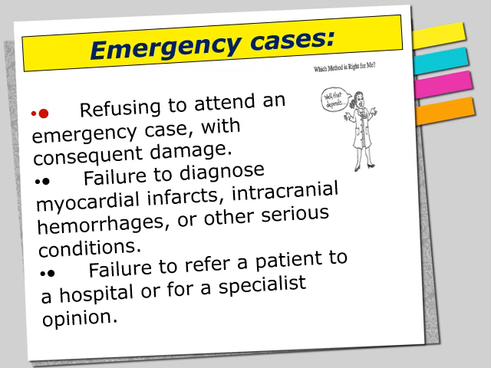In some situations, like emergency cases, you may refuse to attend a critically ill patient, fail to diagnose something critical like myocardial infarction or intracranial hemorrhage or some serious condition, or fail to refer the patient to a hospital or a specialist for an opinion, second opinion or consultation.